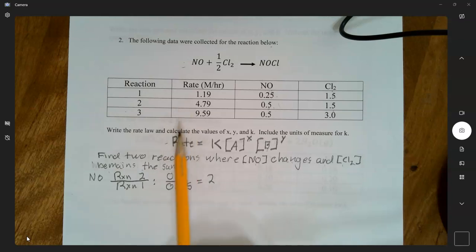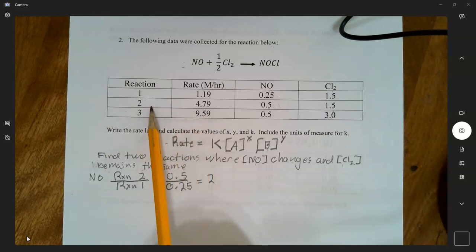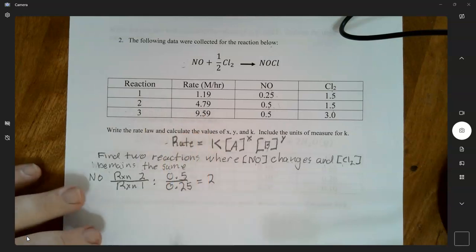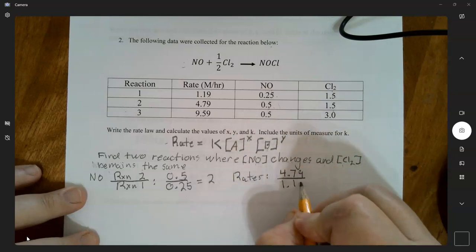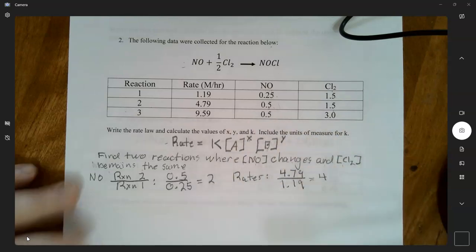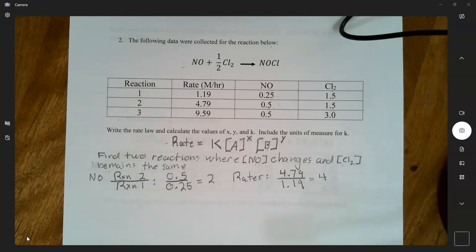Now we're going to do the same with the rates of those two reactions, and it has to be done in the same order. 2 has to be on top, 1 has to be on the bottom. So we're going to come over here, and when you do that, you get 4. Okay, so what you then do is you find what exponent you have to raise 2 to in order to get 4. So the exponent goes on the concentration number, this one.